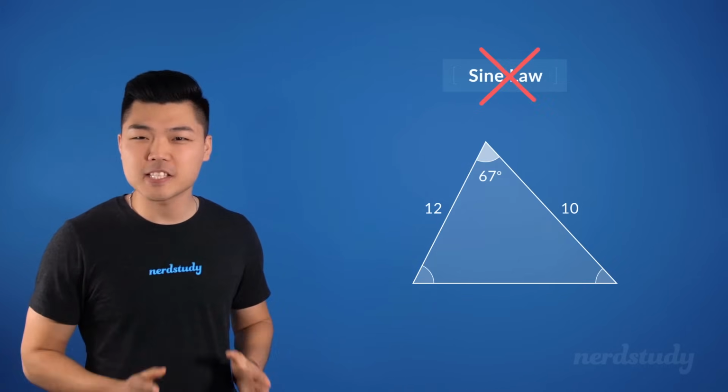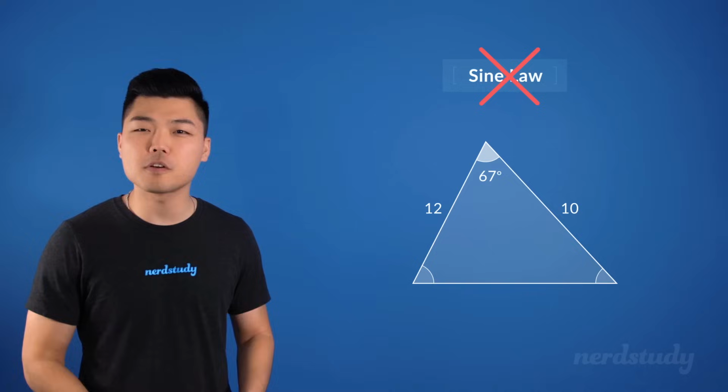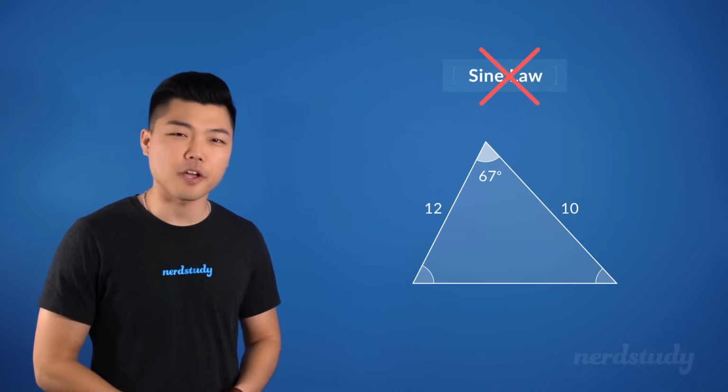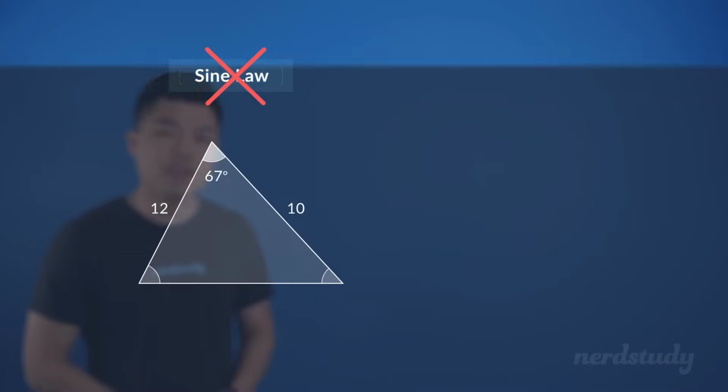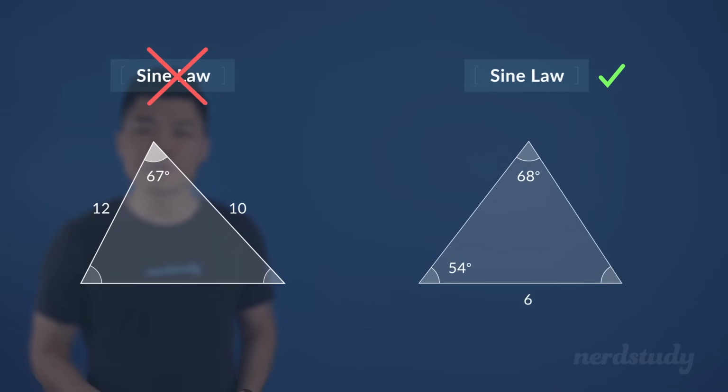So in a situation like this, we cannot use the sine law in order to further solve the dimensions of this triangle. And why is that? Because the sine law is used when we have the information for at least one pair of opposite dimensions, along with either another angle or side length.